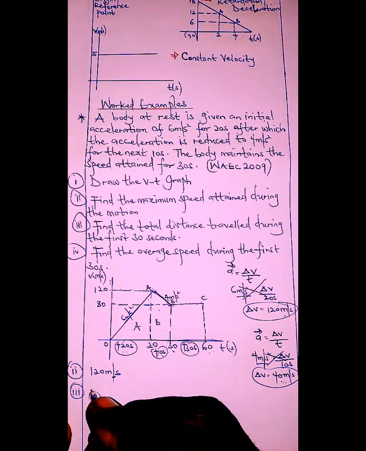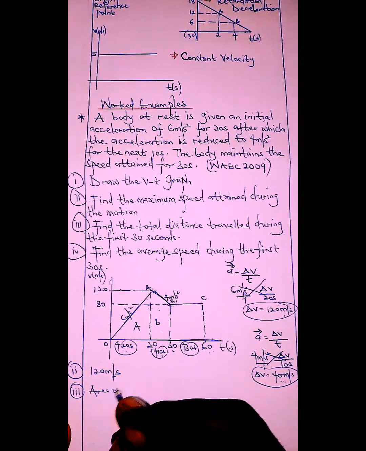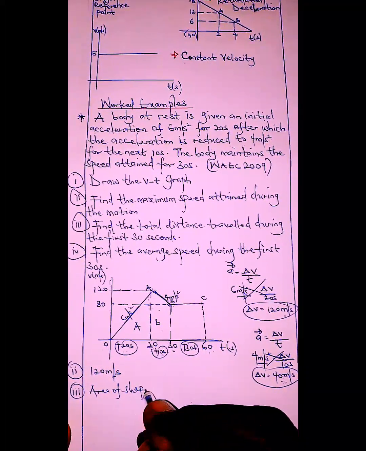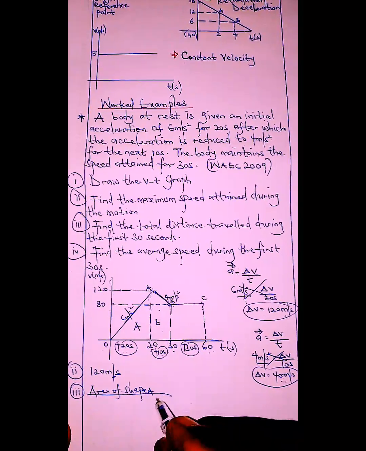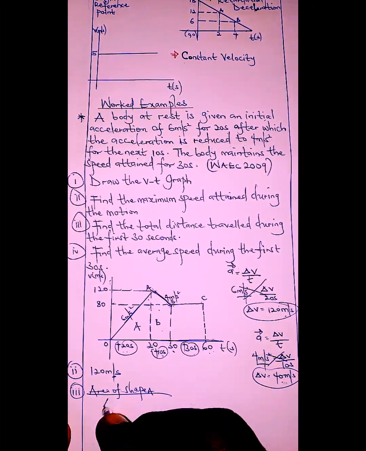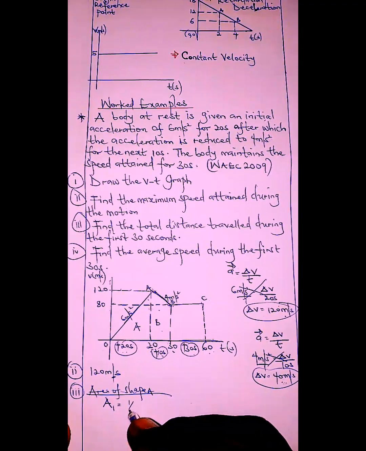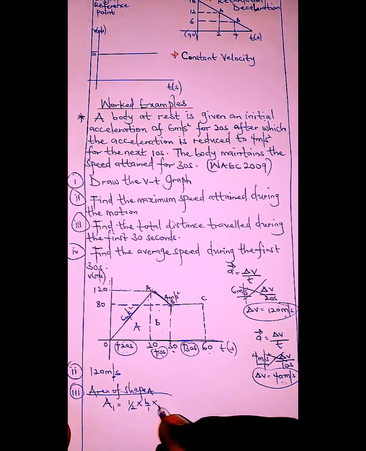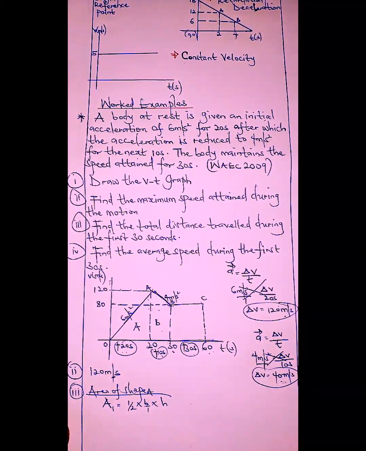First of all, area of shape A, that's the first thing we're about to work on. Don't forget, shape A is a triangle. So area 1 is half of the base of the triangle times the height of the triangle. What's the base of the triangle?